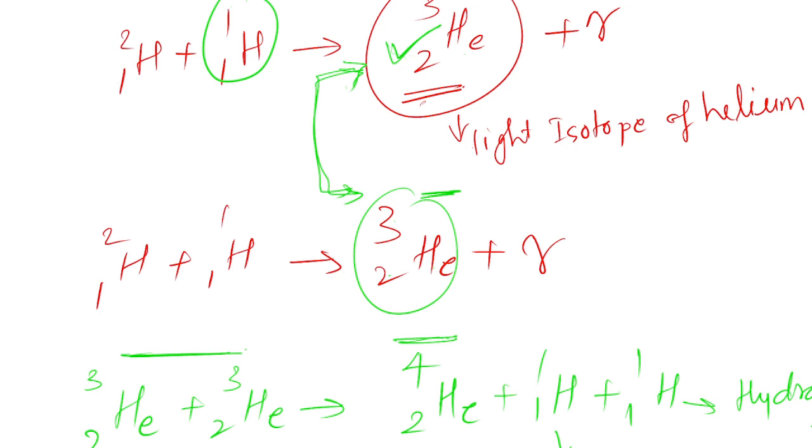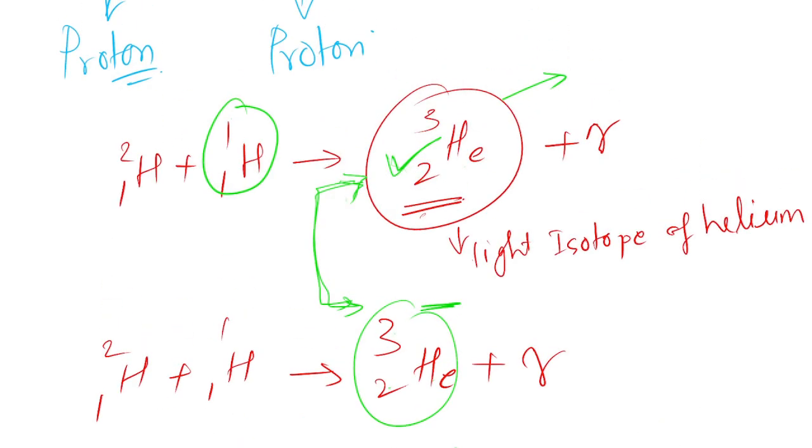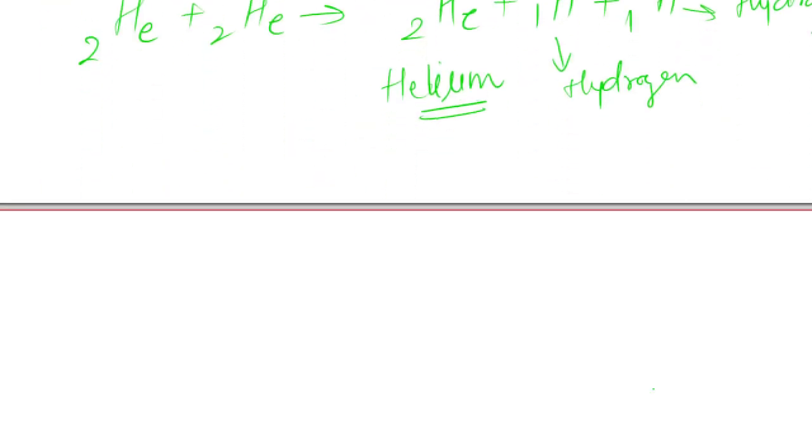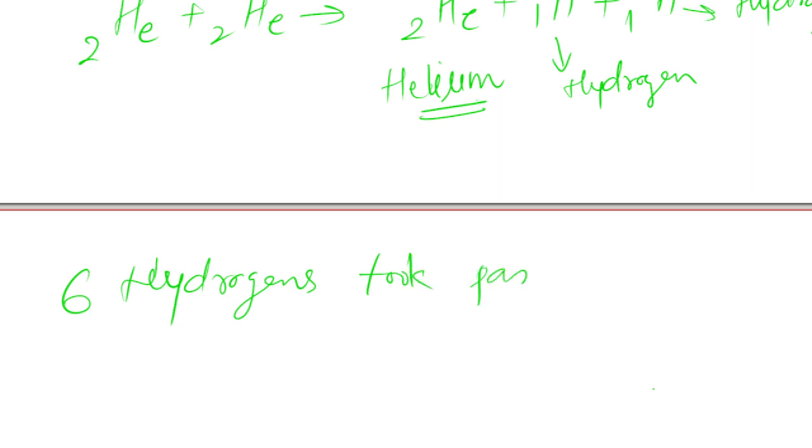So 3 for this reaction, 3 for this reaction. Total how many hydrogens took part in the reaction? 6 hydrogens took part in the beginning of the reaction.